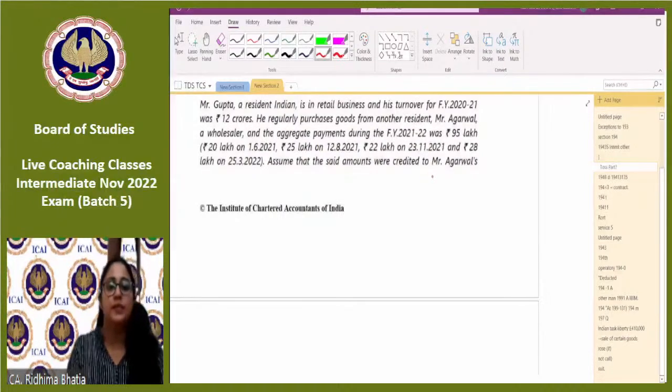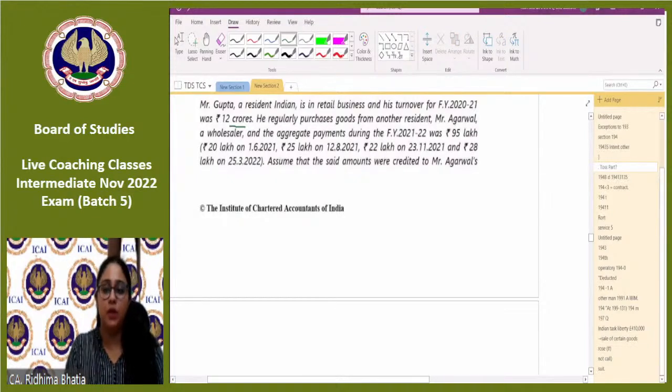Mr. Gupta, a resident Indian, is in retail business and his turnover for financial year 2021 is given to you. It is 12 crores. ठीक है? He regularly purchases goods from another resident, Mr. Agarwal, a wholesaler, and the aggregate payments made during the year 21-22 was 95 lakhs. 20 lakhs on 1st June 2021, 25 lakhs on 12th August 2021, 22 lakhs on 23rd November, and 28 lakhs on 25th March.